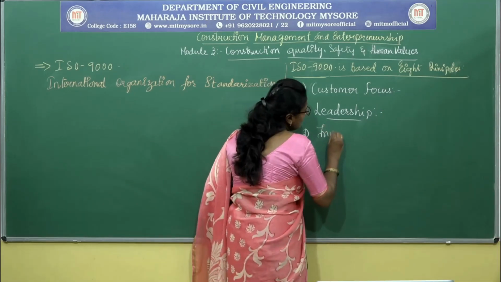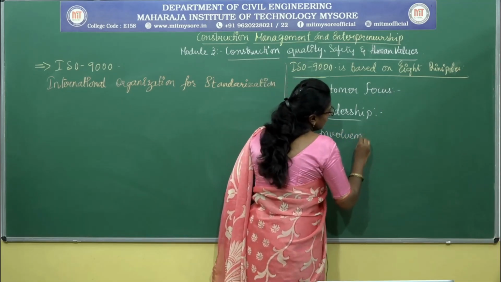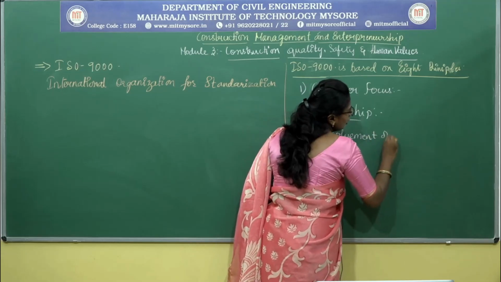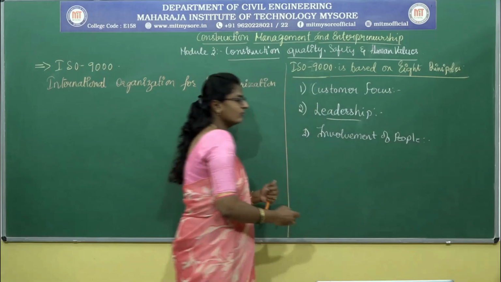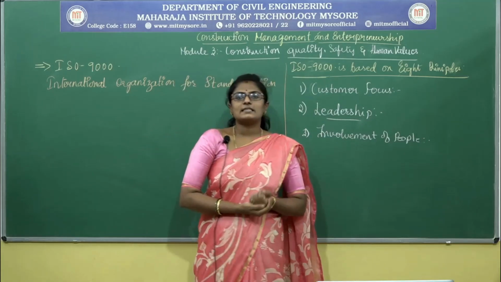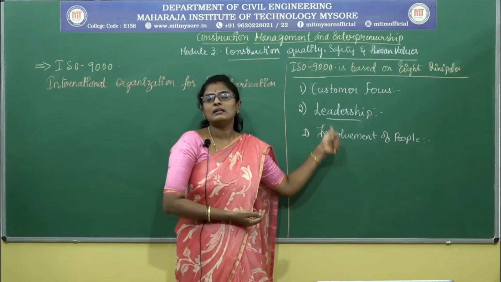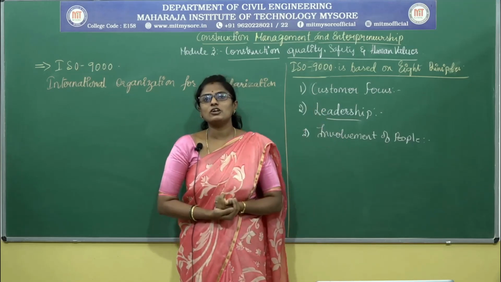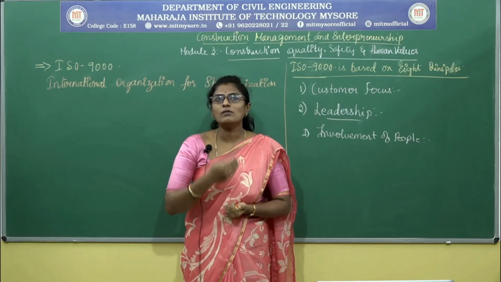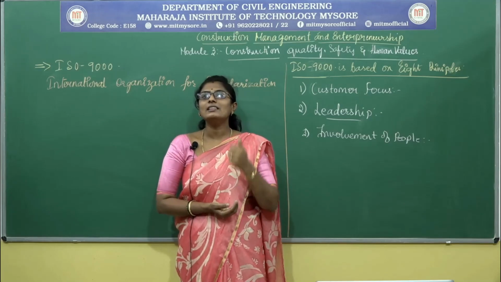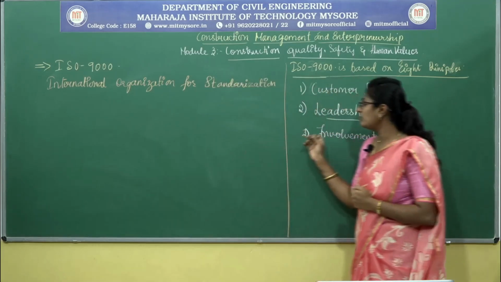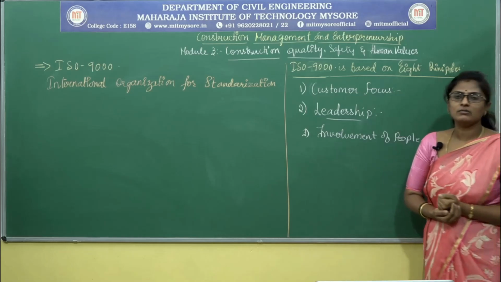So the third principle is involvement of people. So this involvement of people takes advantage of fully involving the employees using all their abilities for the benefit of the organization.